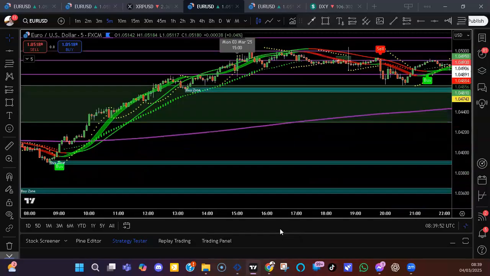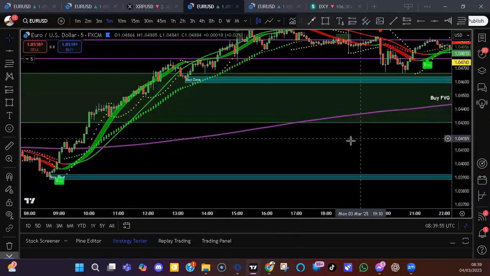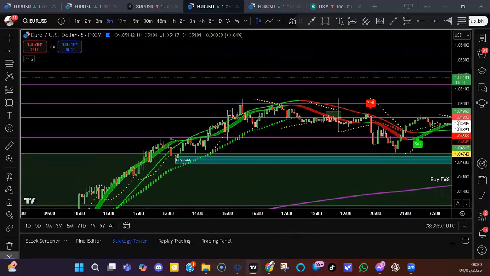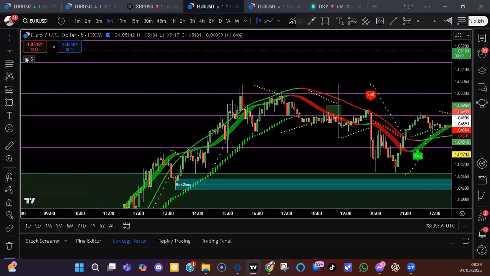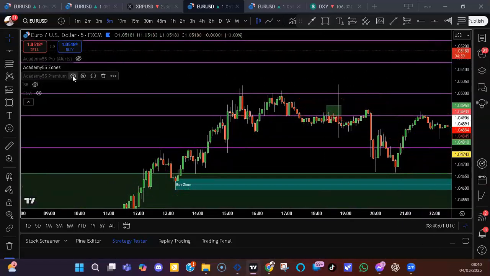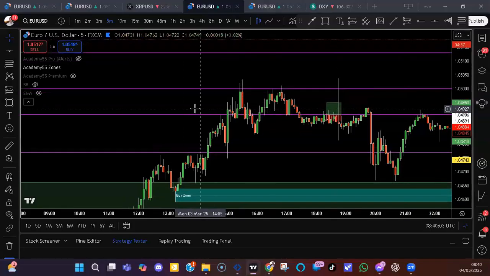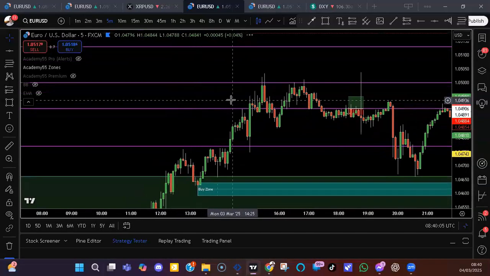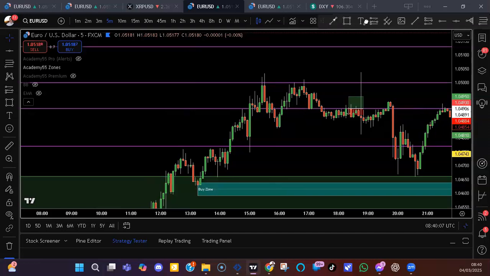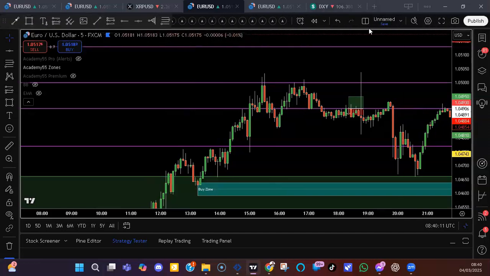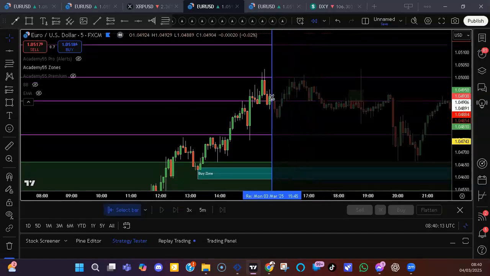On the EUR USD, let's see what's going on. Take the indicators off for a minute so as not to confuse too much. And put the time machine back on at 3 o'clock and see what's around.